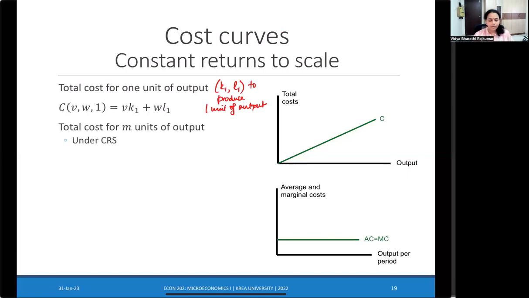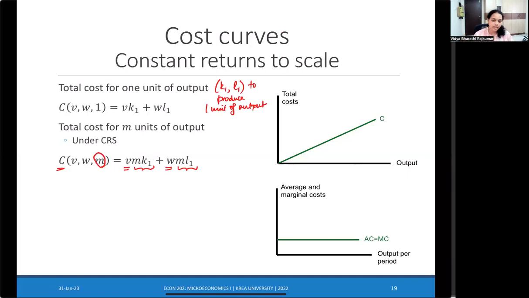With a CRS function, if I were to produce M units of output, I just have to scale up my inputs also by the same factor M. So for M units of output, I will use M times the amount of inputs that I used earlier. So the cost now of producing M units of output is just V times M units of K1 plus W times M units of labor.